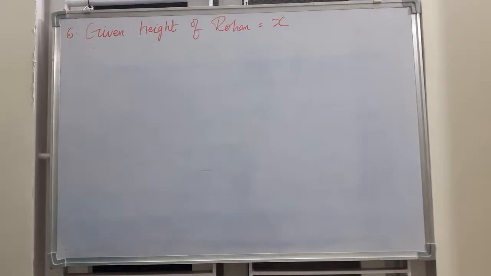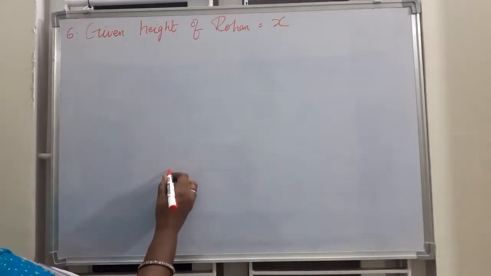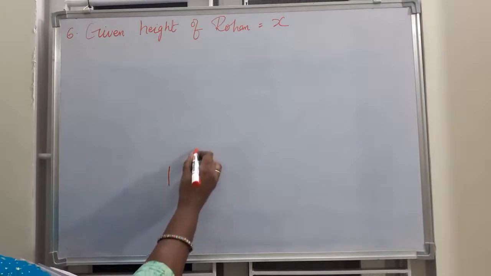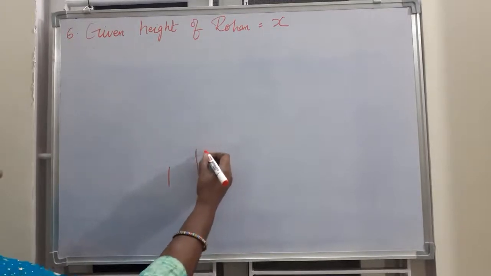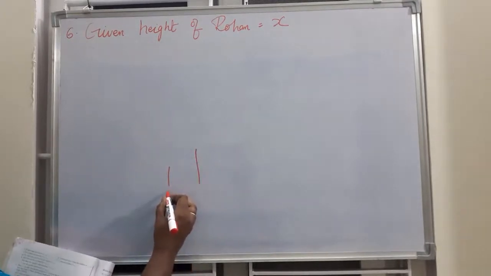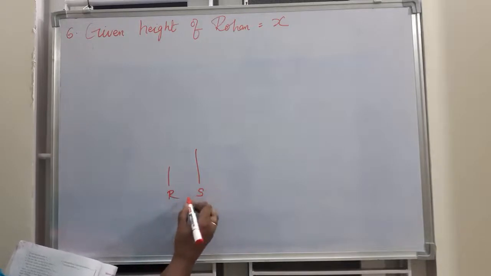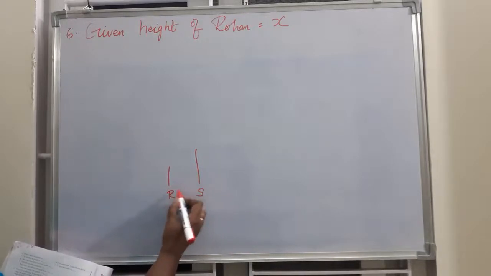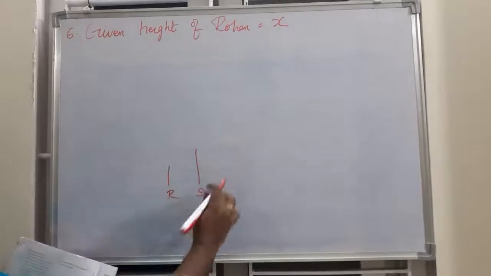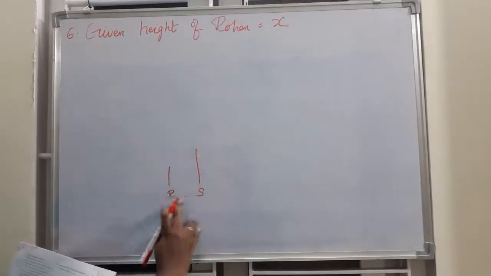After Rohan, you see the first line. Now start the question. Sunil is 5 centimeters taller than Rohan. If Rohan is this much, Sunil is 5 centimeters more than Rohan. This is Rohan and this is Sunil. More means extra, no? So Sunil is more than Rohan.